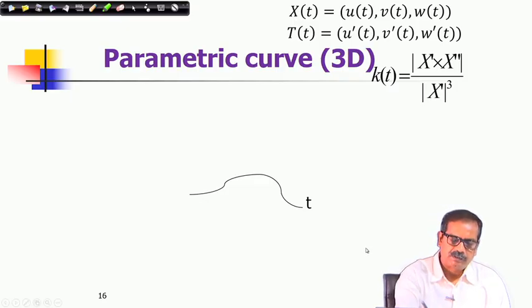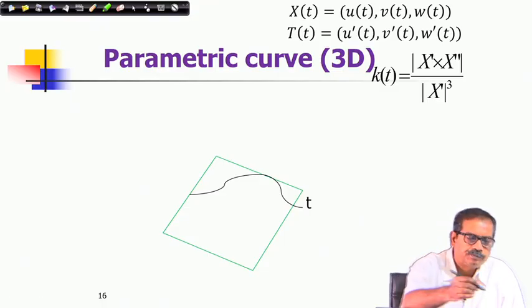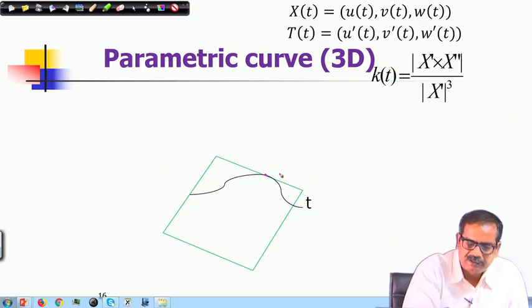So, now let us see with respect to surface what other kinds of concepts are there. Consider a particular point of a curve and consider the tangent direction. This is the tangent direction at that point, which is given by t t in our notation, and consider a very nearby point, an infinitesimally close point on the curve.